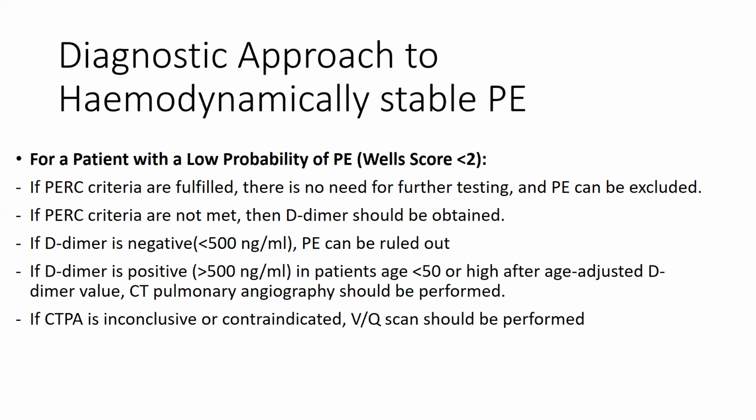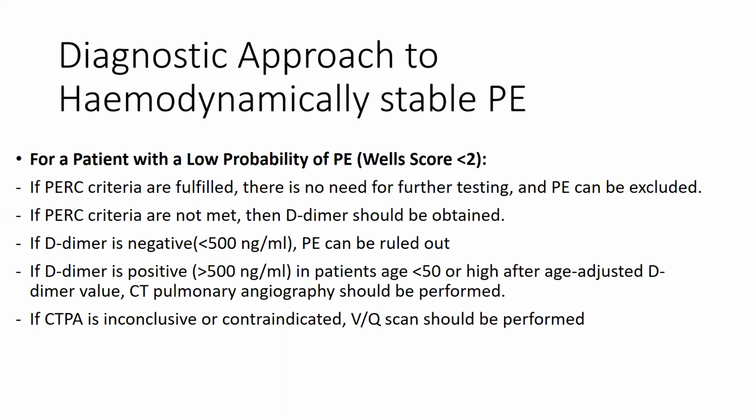So diagnostic criteria, all right, for a patient with low probability, Wells score less than 2. If the pulmonary embolism rule-out criteria are fulfilled, there's no need for further test, and you can exclude PE. But if the PERC criteria are not met, you should obtain a D-dimer. If the D-dimer is negative, less than 500 nanogram per mL, PE can be ruled out.